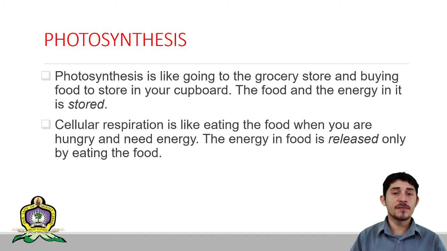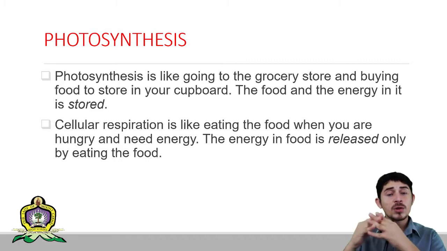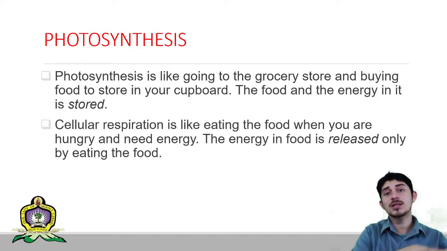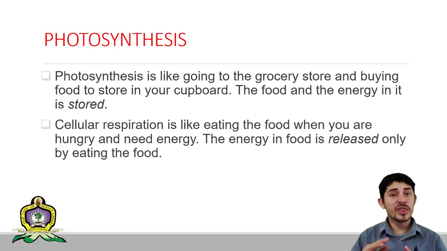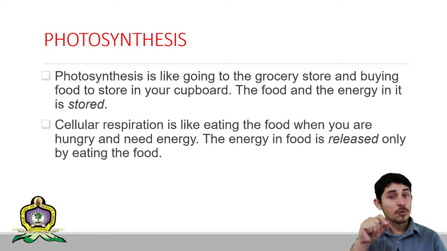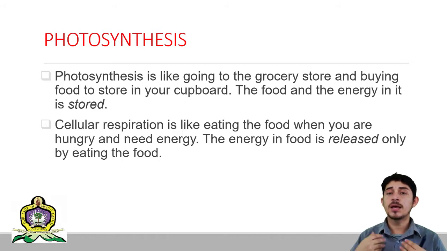The energy in the food is released only by eating the food, and that is cellular respiration. It is breaking down the food that has been produced in photosynthesis in order to supply the cell with energy. So don't think that photosynthesis is directly supplying energy to the cell. No, it is the mitochondria carrying out cellular respiration.